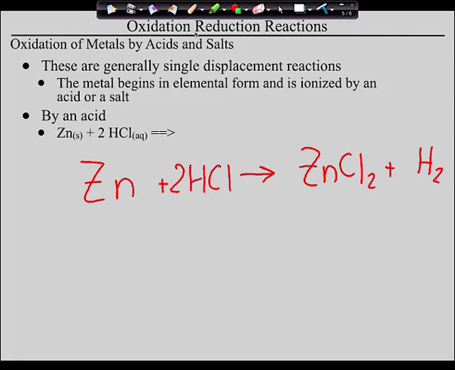Now we need to explore this as an oxidation reduction reaction. So to do that, the first thing we need to do is write in the oxidation numbers for these participants. So what is the oxidation number of zinc? Not +2. Look back up at your rules.